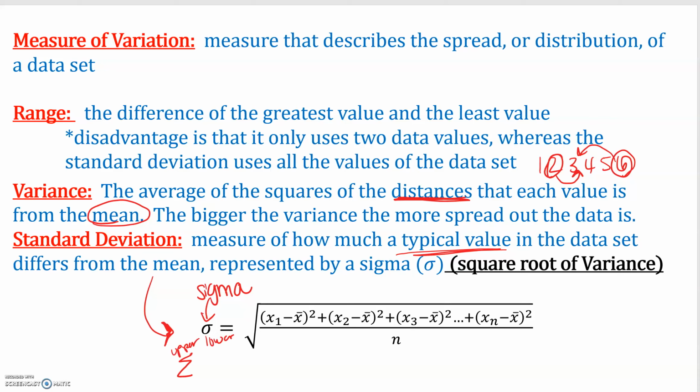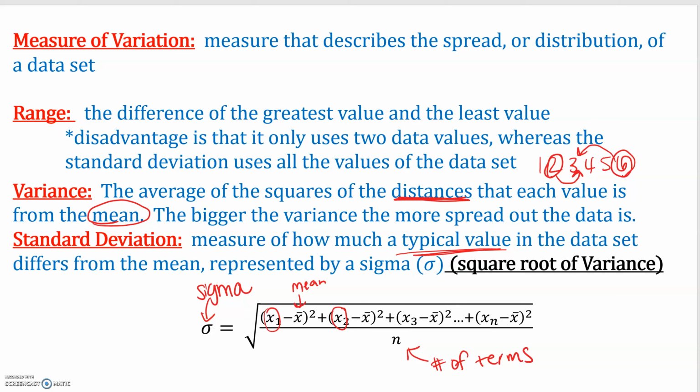They're both sigma when you say them out loud. That represents our standard deviation. Here, remember we said x bar would be our mean. So this is how far any data value, the first data, the second data, the third data, is away from the mean. We're going to square that, and this is the number of terms in our set of data.